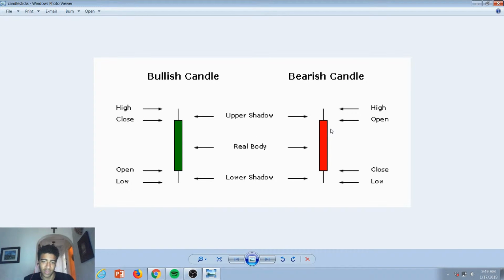And the red ones are the same thing, except the opening and the close are flipped, because since the price action is moving downwards, the open will be at the top this time on the body of the candlestick instead of on the bottom, which will be the close of the body of the candlestick.